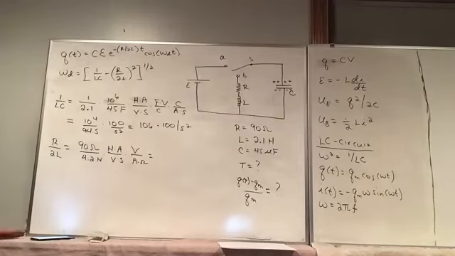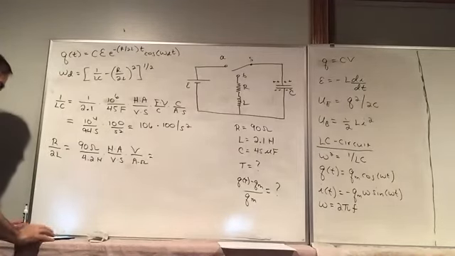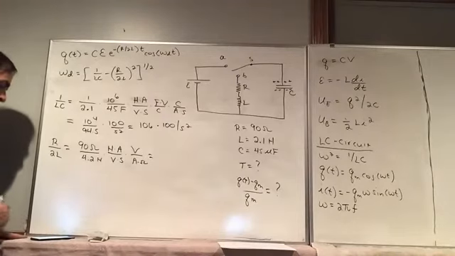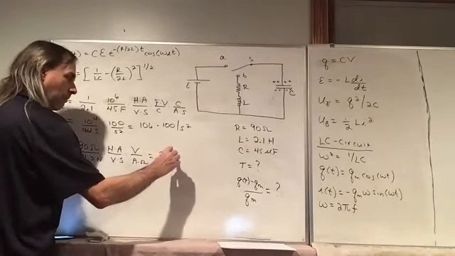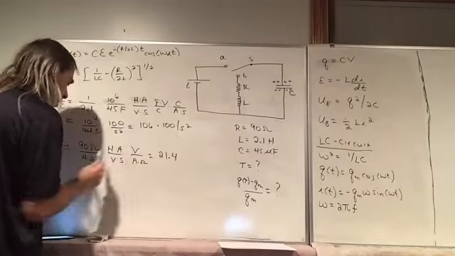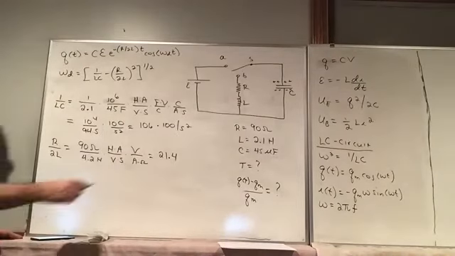Okay, so 90 over 4.2. That's going to be 21.4. Oh yeah, the units here were per second.